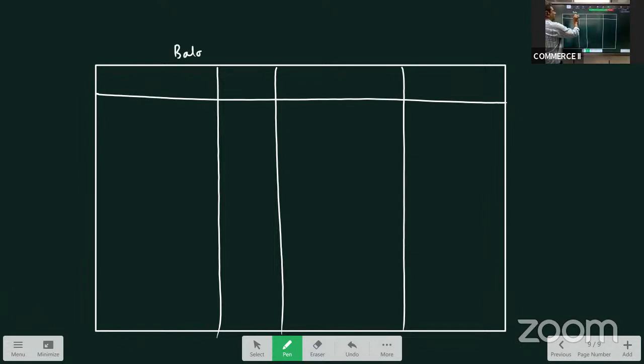Balance sheet of the new firm. Balance sheet of the new firm as on... When was the retirement done? It's 31st March 2020.